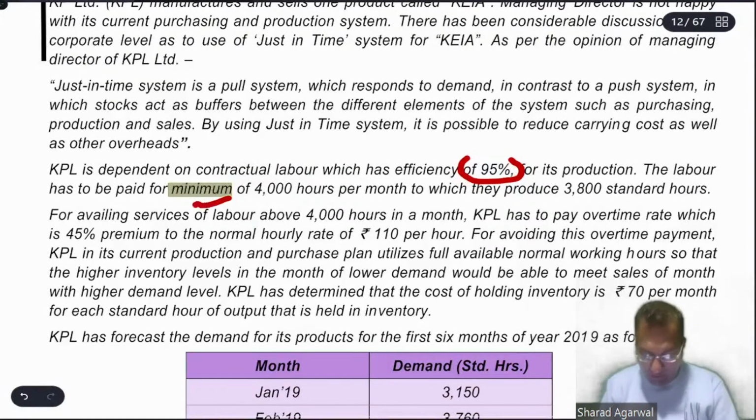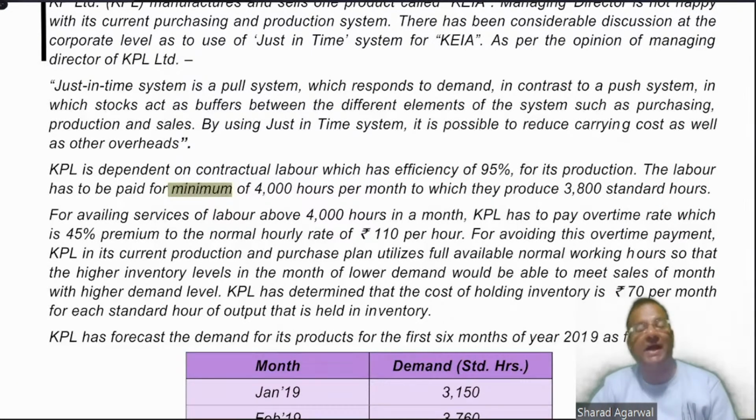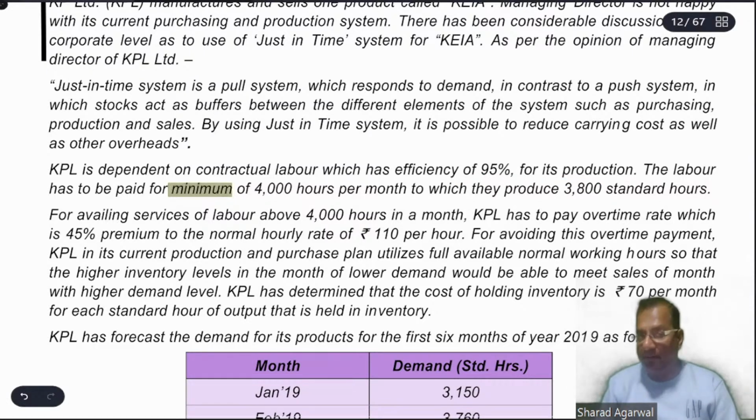So the maximum output we can get is 3,800 standard hours, 4,000 hours multiplied by 95%.